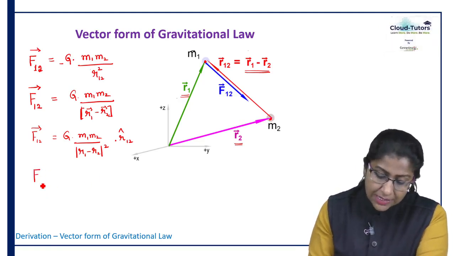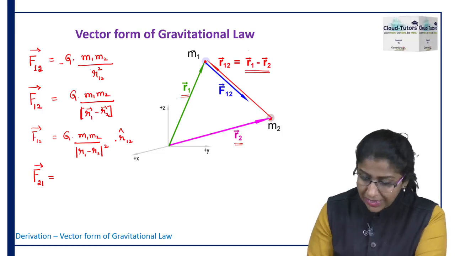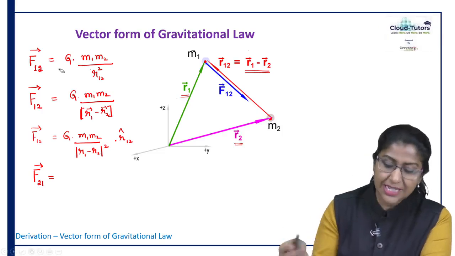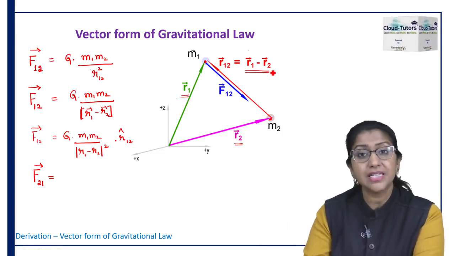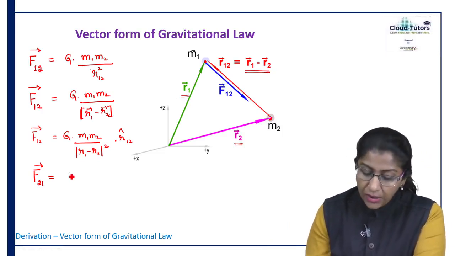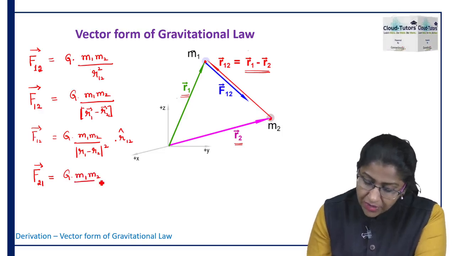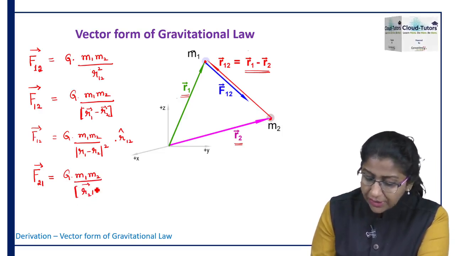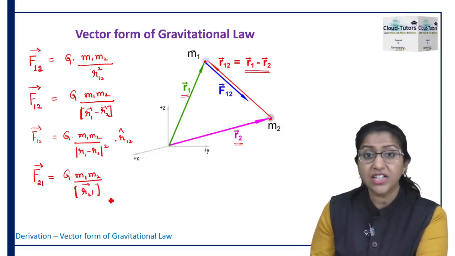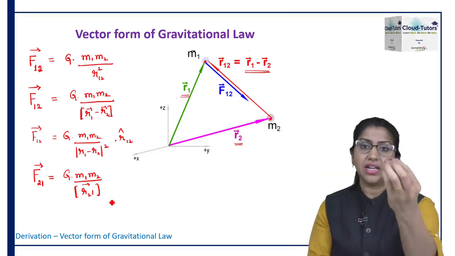Now, the force exerted by M1 onto M2 can be written as, we don't need this negative sign right now because R12 vector is nothing but R1 minus R2 vector. Correct? Now here there is a difference. So M1 M2 divided by R21 vector. Correct? The position vector changes because it is going from M2 to M1, right?